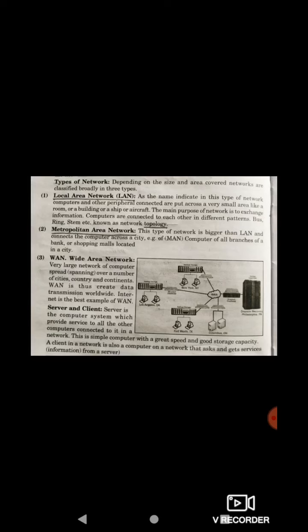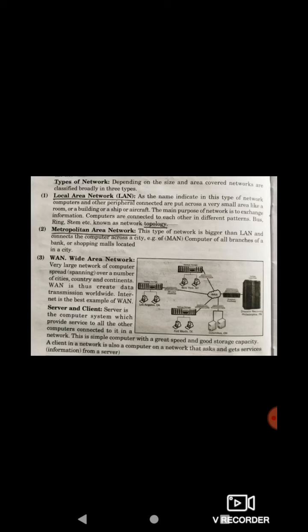Types of network. Depending on the size and area covered, networks are classified broadly into three types. The first one is local area network, short form LAN.